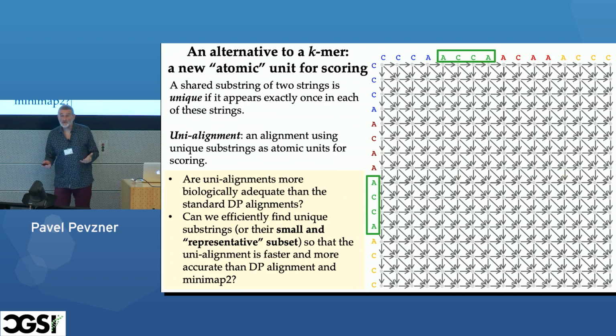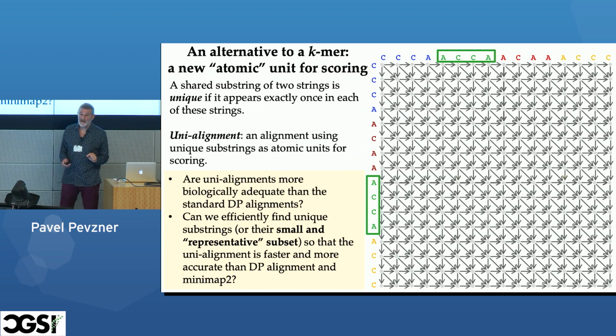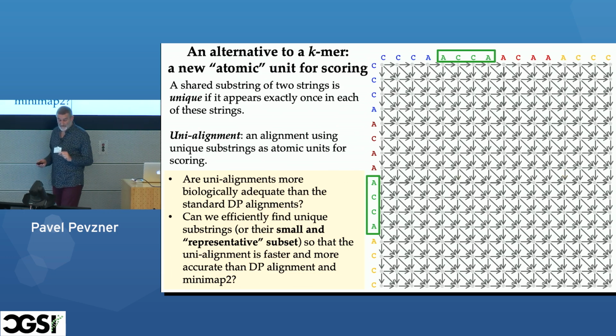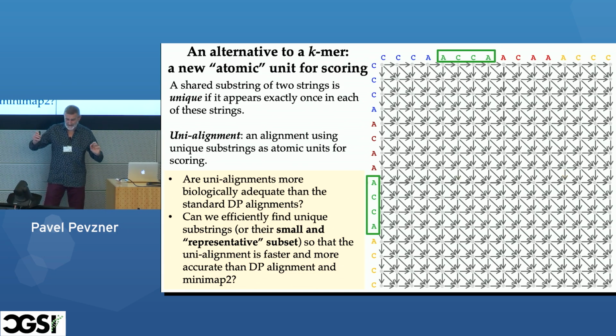And immediately there are two questions. Are uni-alignments more biologically adequate than the standard dynamic programming alignment? And the second question, can we efficiently find unique substrings, or a small representative subset of them, and chain them so that the uni-alignment is faster than Minimap, let alone dynamic programming alignment?